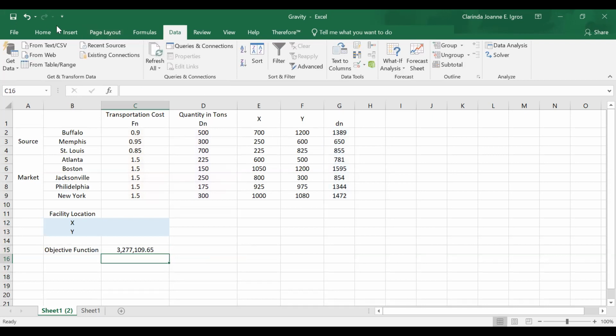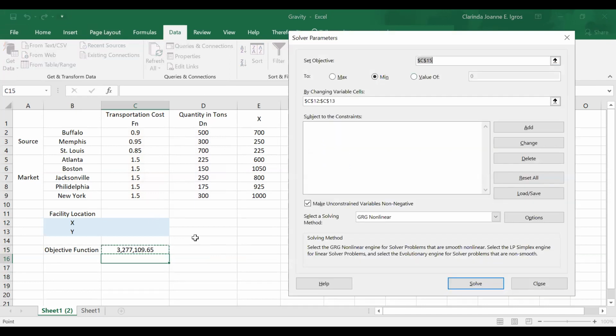Then to solve this one, the objective function is this one. We should minimize the cost.